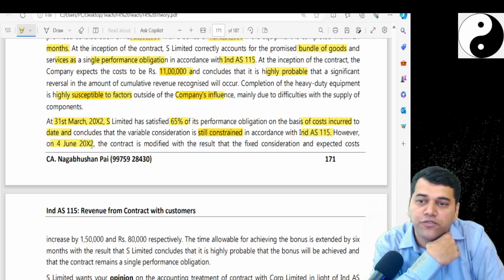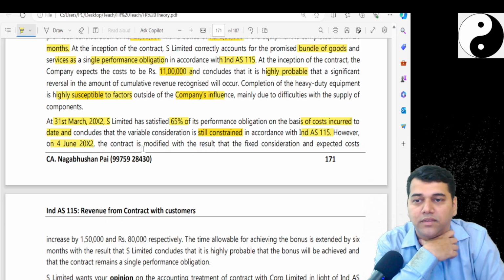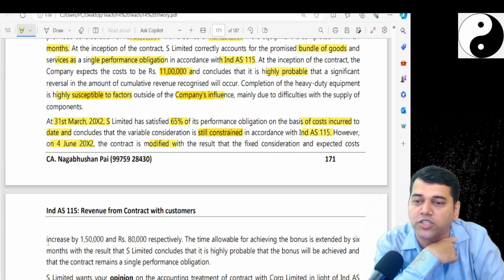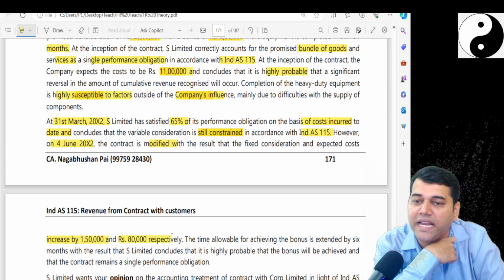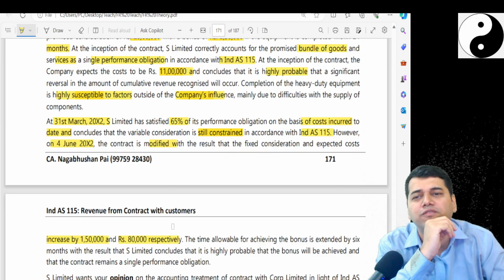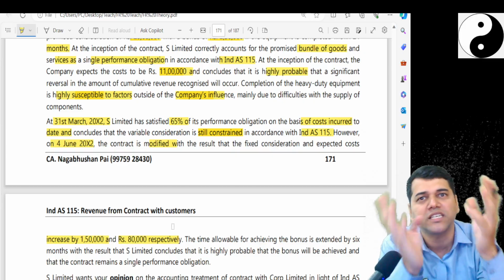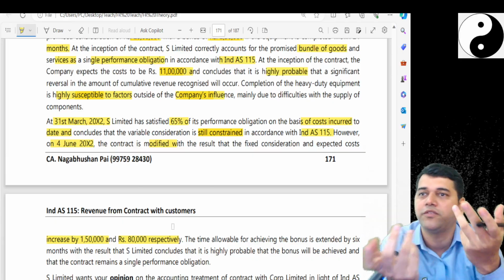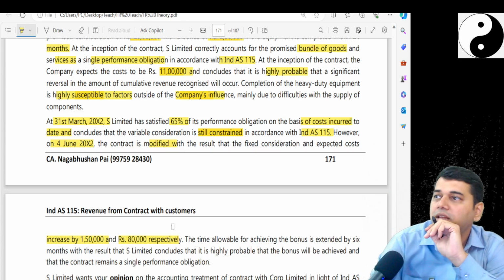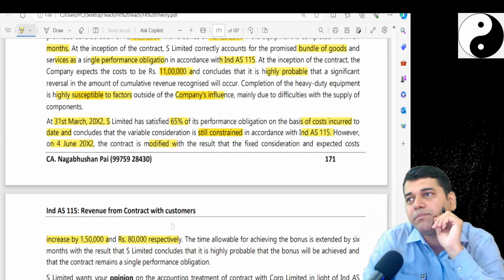However, on 4th of June 2012, the contract is modified with the result that the fixed consideration and expected cost are going to increase by 1.5 and 80,000 respectively. At that time, now, after 1 year, somewhere the customer got some idea about this equipment, because initially he had no clue how the equipment would look. Then he realized, oh, this equipment is going to happen like this.